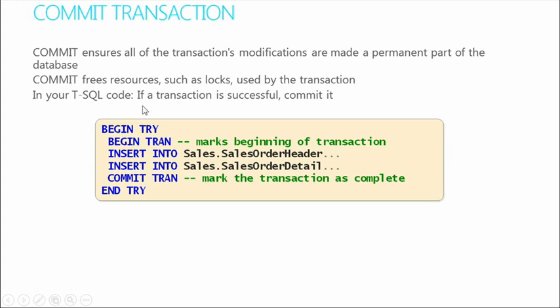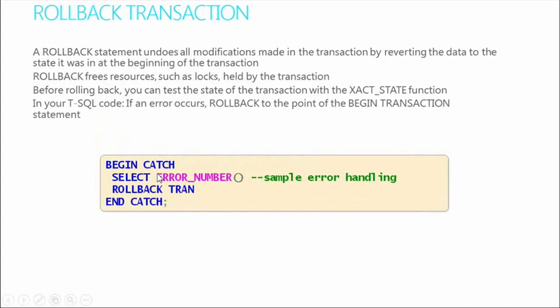So in your T-SQL code, if a transaction is successful, we want to make sure that we commit that transaction. If we have any issues, we want to roll that transaction back. So this is where we begin the catch. Now the try failed, so it's going to push this down into the catch block. We're going to select the error number and roll back that transaction, which means anything that was supposed to be applied up top in the try block to the header table is not applied, because we never made it down to the details table.